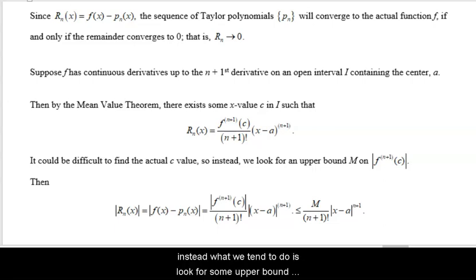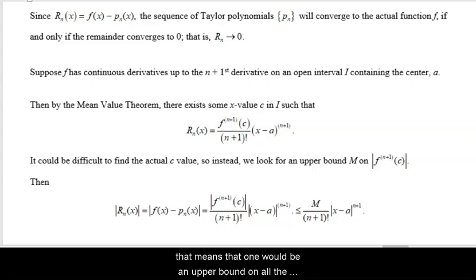So instead, what we tend to do is look for some upper bound on that derivative over that interval. So for example, let's suppose that our derivative involves sine or cosine over some interval. I know for a fact that the value of sine and cosine and all their derivatives to infinity can never be greater than 1.